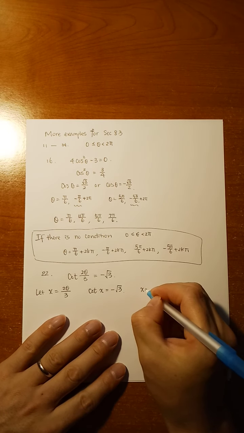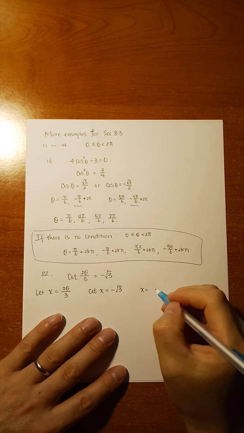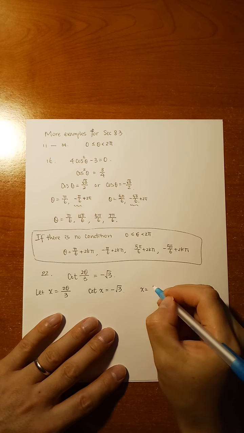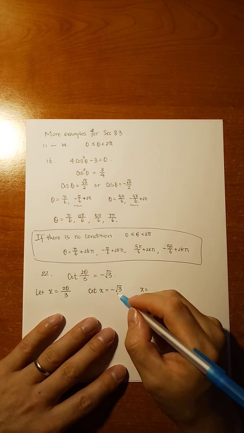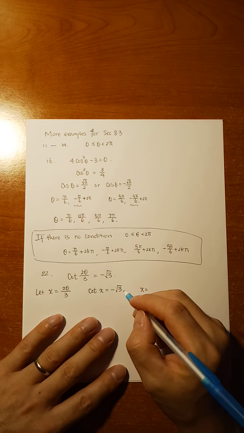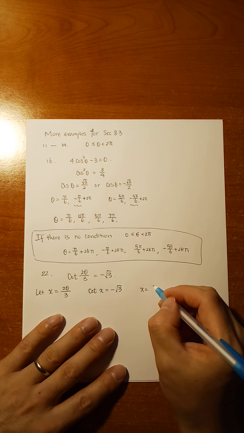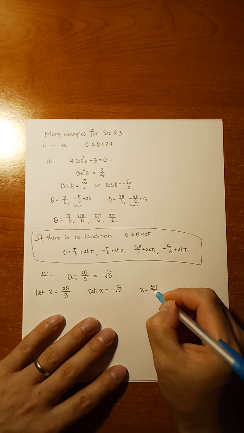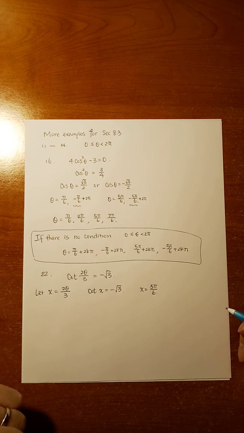So x is what? It's in the second quadrant. Cotangent of pi over 6 is square root of 3, so x is 5 pi over 6.